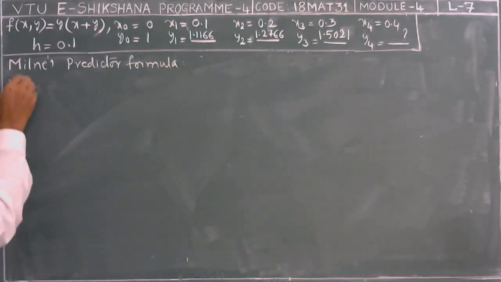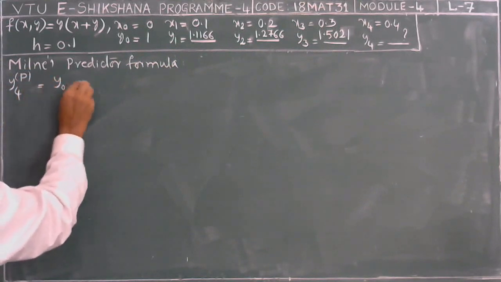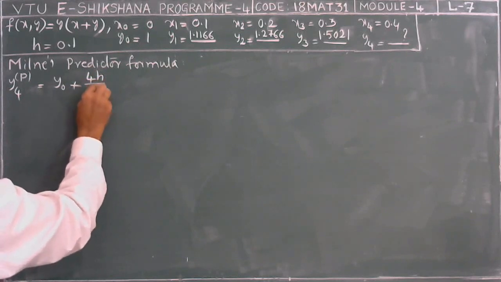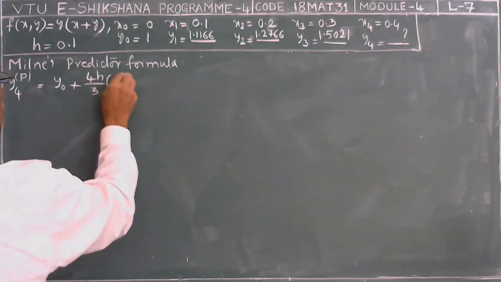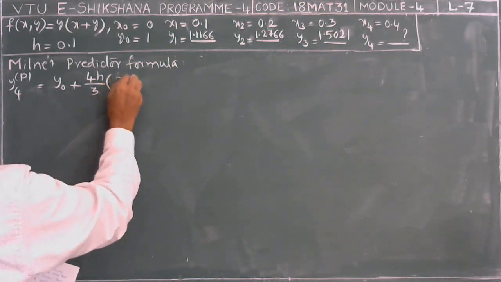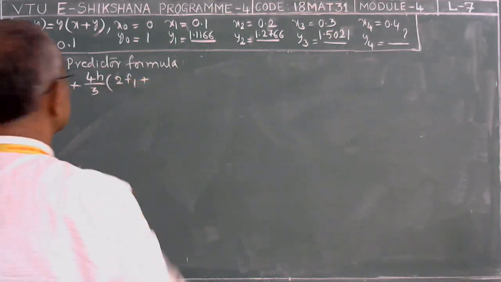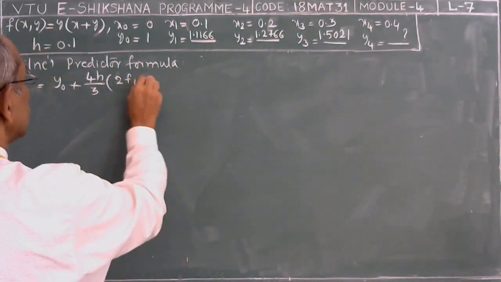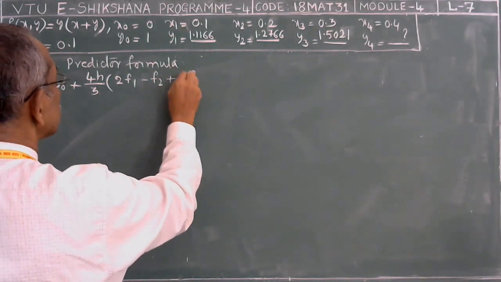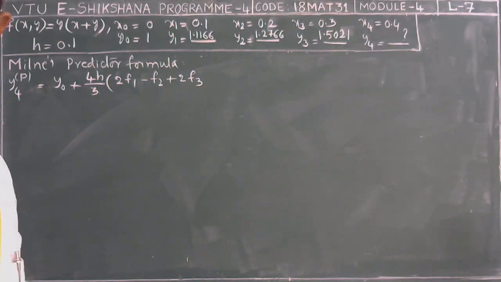That is y4p is equal to y0 plus 4 into h divided by 3 into (2 into f1 minus f2 plus 2 into f3).